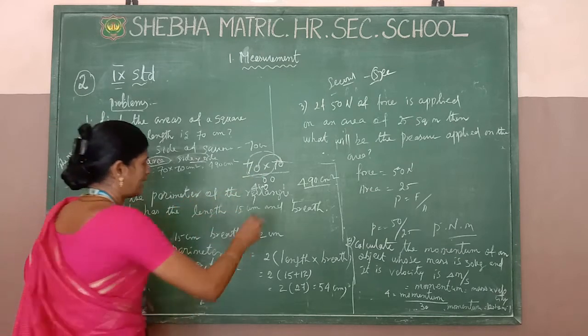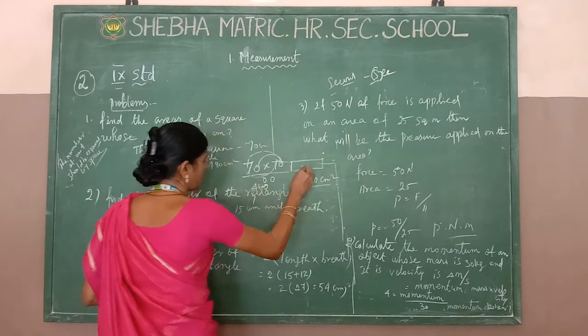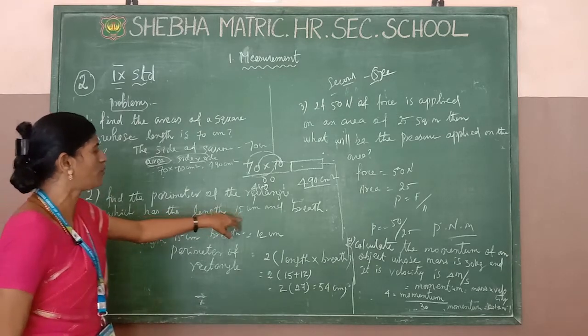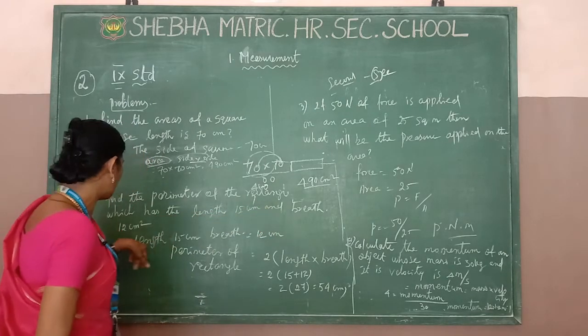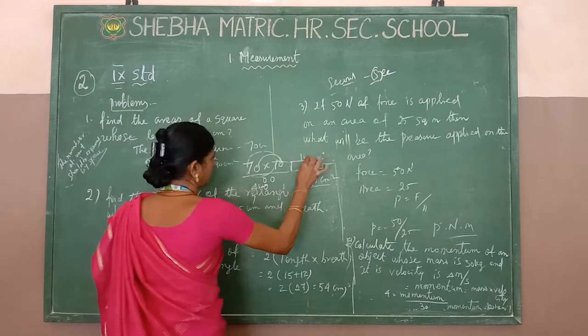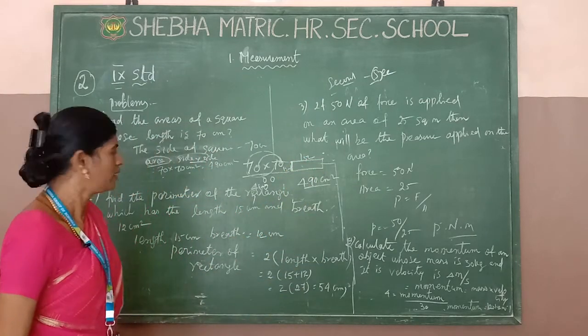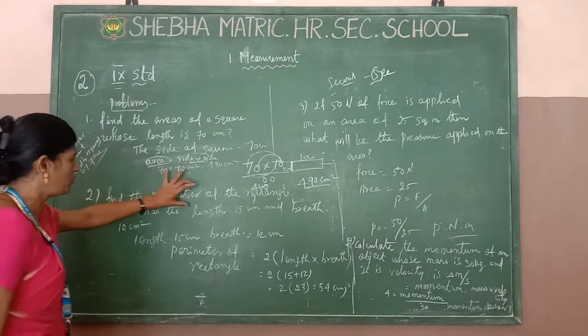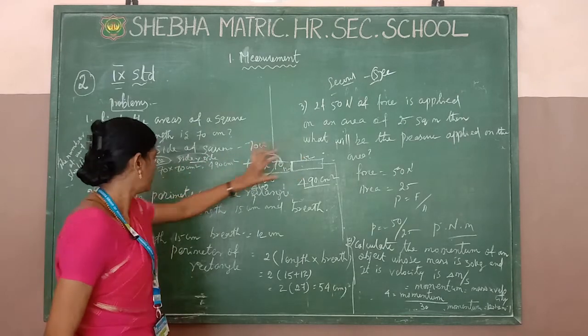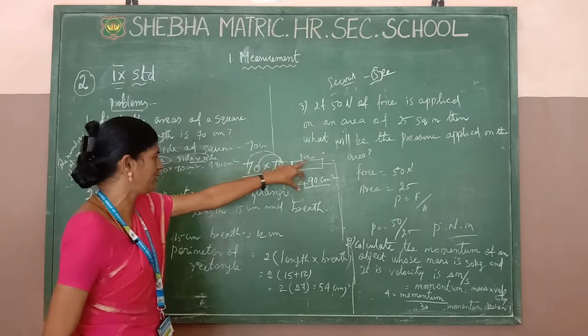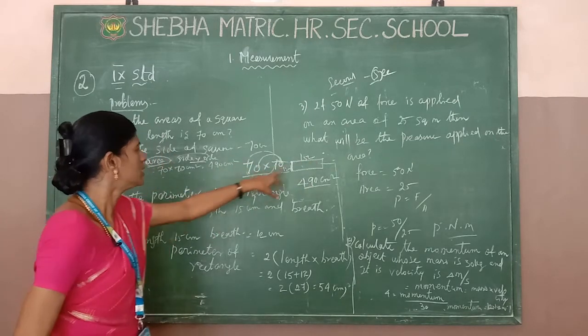Find the perimeter of the rectangle whose length is 15 centimeter and breadth is 12 centimeter. Once again, find the perimeter of the rectangle with length 15 centimeter and breadth 12 centimeter.